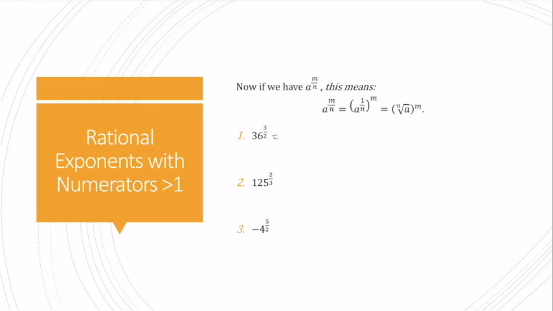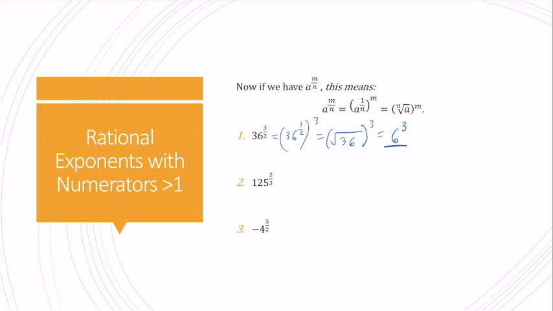All right, this is like saying I have 36 to the 1/2 cubed. Well, now I know that 36 to the 1/2 is the same as the square root of 36. The square root of 36 is 6, so I'm left with 6 cubed.